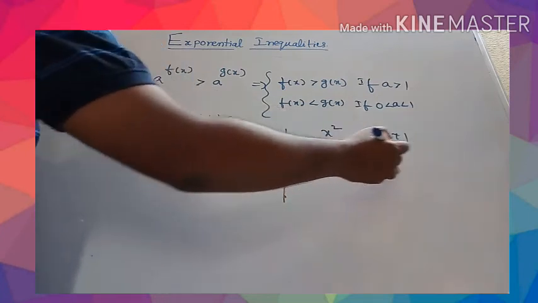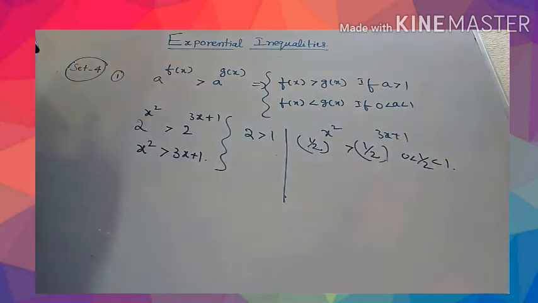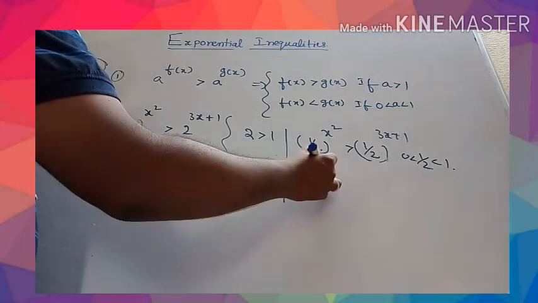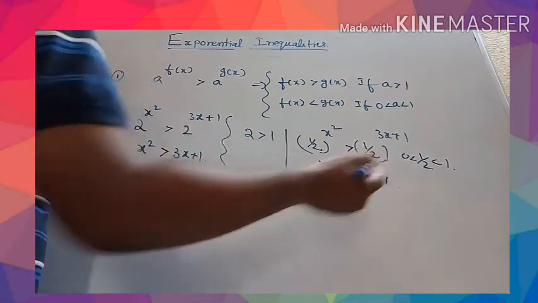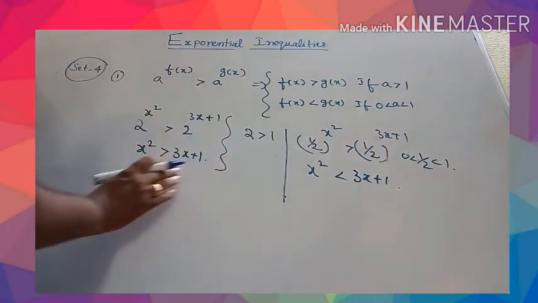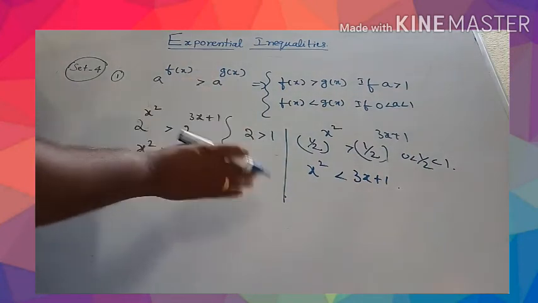Since the base 1 by 2 is lying between 0 and 1, x square is going to be less than 3x plus 1. And you know how to solve this. This is a quadratic expression that can be solved beautifully.